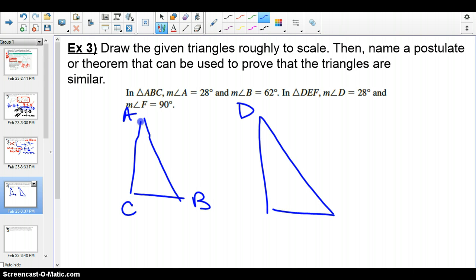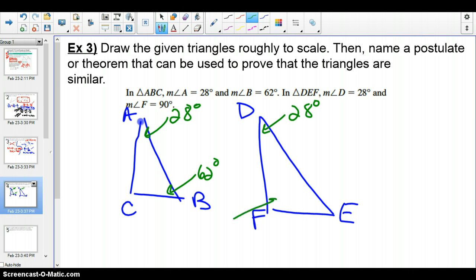And I have some information about all of these, and I'll put that in next. All right, so I know that angle A is 28. And I know that angle B is 62. I also know that angle D, and this one is 28. And angle F is 90.